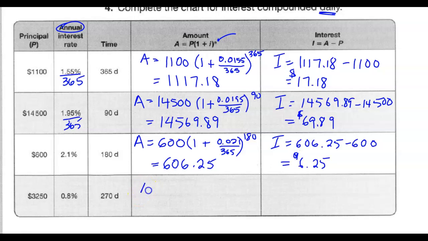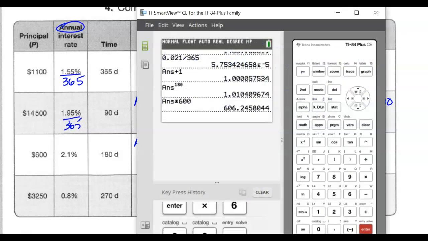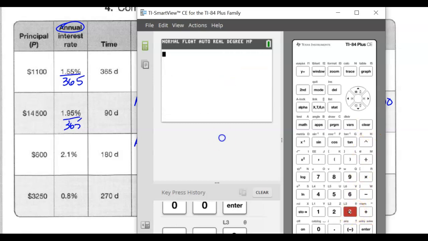Last one here. 3,250. 1 plus. Okay, this is a small interest, so it's going to be 0.008 over 365. 275 days. I'll do this one as if I on my graphing calculator version. So the principal bracket 1 plus 0.008 divided by 365.